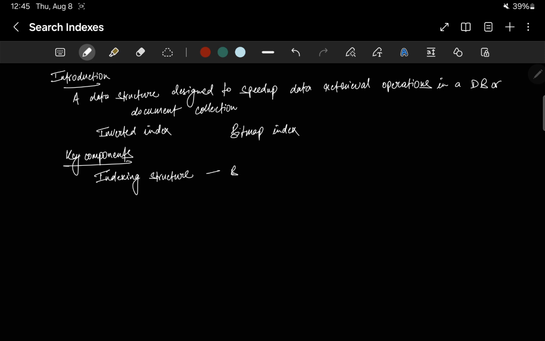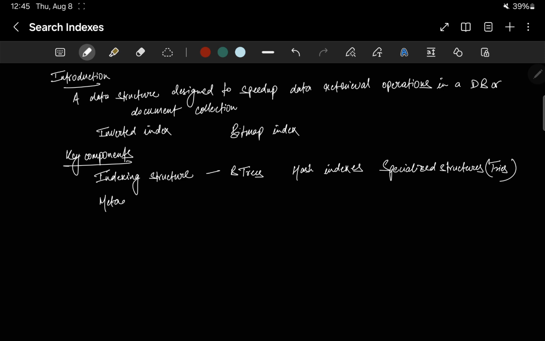Here come three things: B-trees, hash indexes, and specialized structures, for example tries. B-trees provide efficient range queries and support for sequential access. Hash indexes enable rapid data retrieval through hashed keys, and specialized structures like tries are tailored for specific use cases, which again enhance search capabilities.